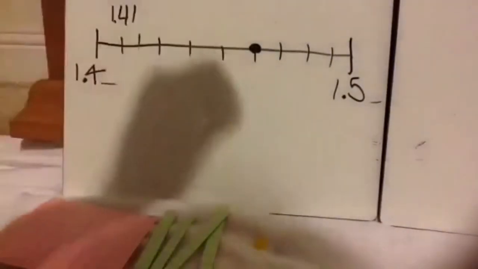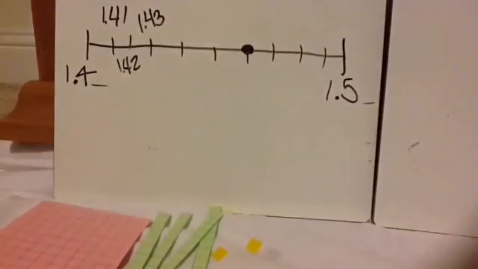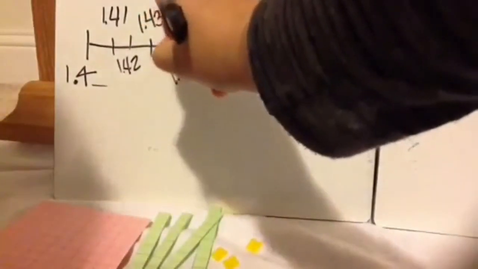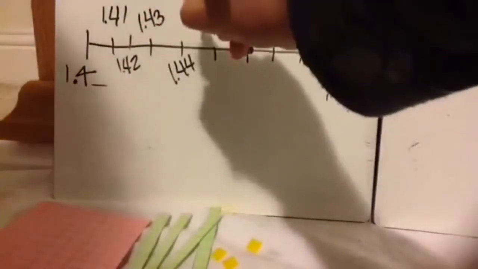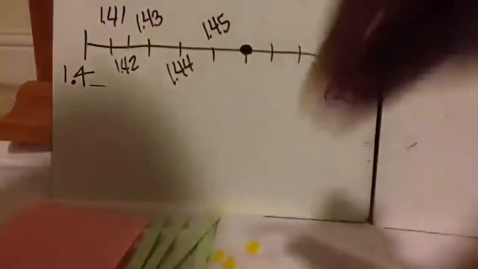Plus one more, it's now 1 and 42 hundredths. Plus one more, 1 and 43 hundredths. Plus one more, 1 and 44 hundredths. Plus one more, 1 and 45 hundredths. Plus one more, 1 and 46 hundredths.